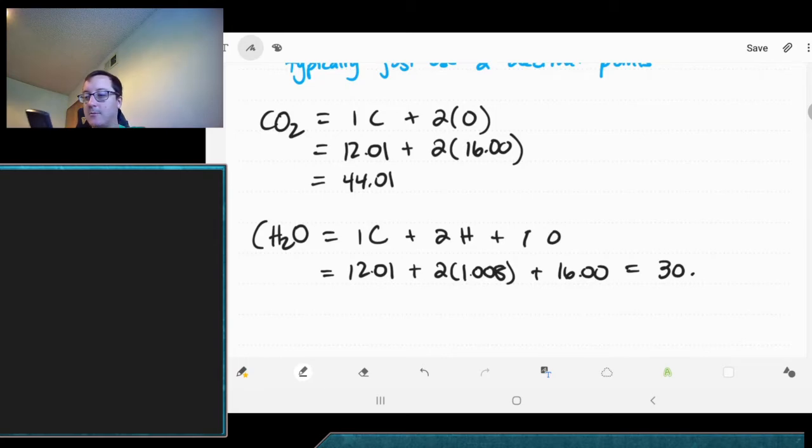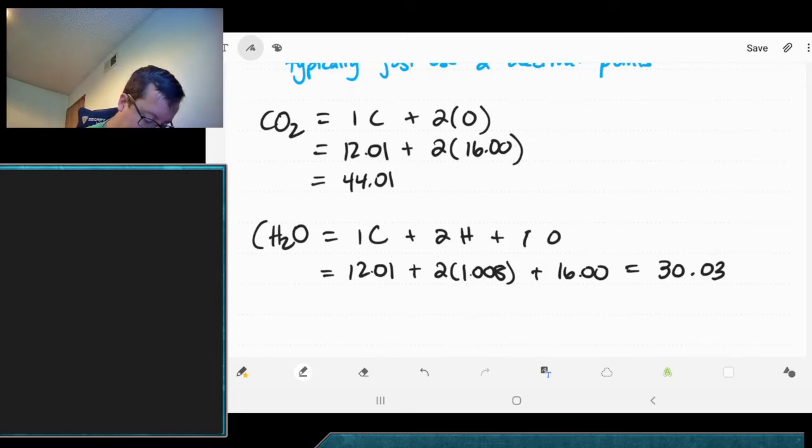I'm going to have to bust out the calculator. 12.01 plus 2 times 1.008 plus 16. 30.17 is what I get apparently. Oh, I put 1.08. Ugh. Hold on. I was going to say that number is a little bit high. Plus 2 times 1.008. There we go. Yeah, that's more like it. So, 30.03. So, there we have it. That would be our molar mass of formaldehyde.